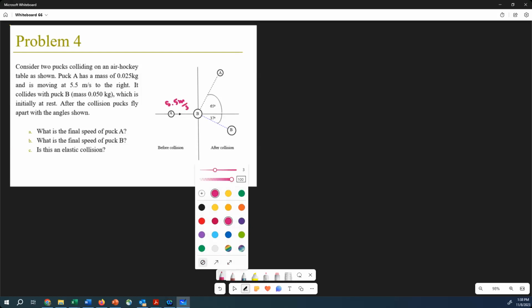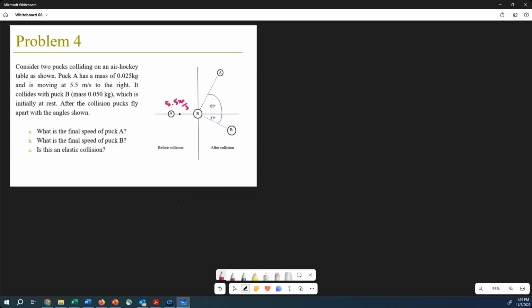Good. It moves to the right and collides with B. The mass of B is here, which is initially at rest. After the collision, the pucks fly apart with these angles. What is the final speed of puck A? What is the final speed of puck B? Is this an elastic collision or not?